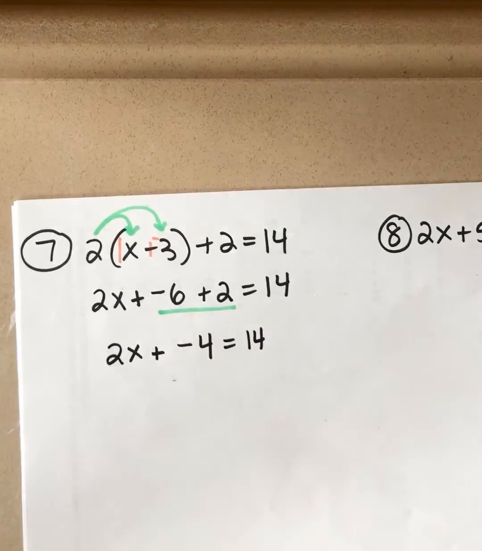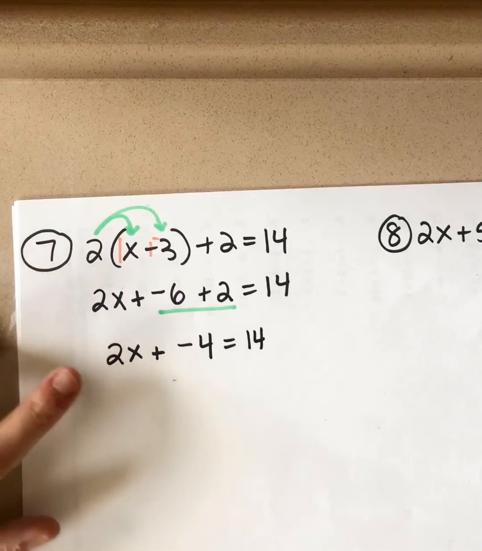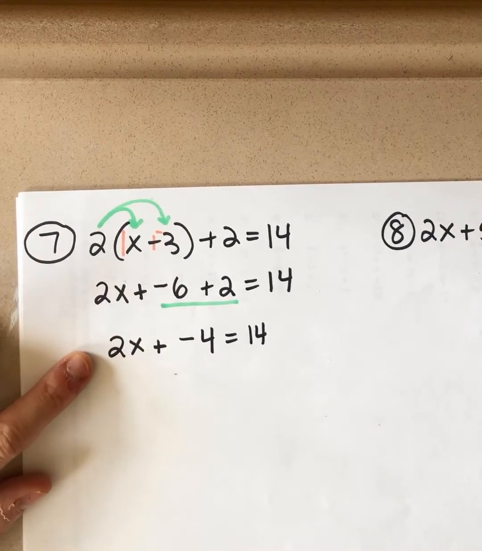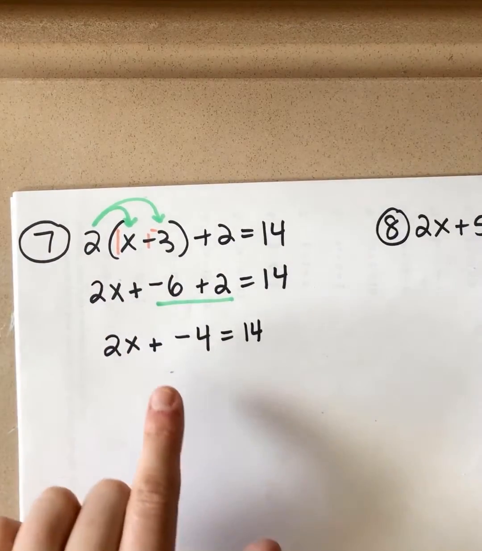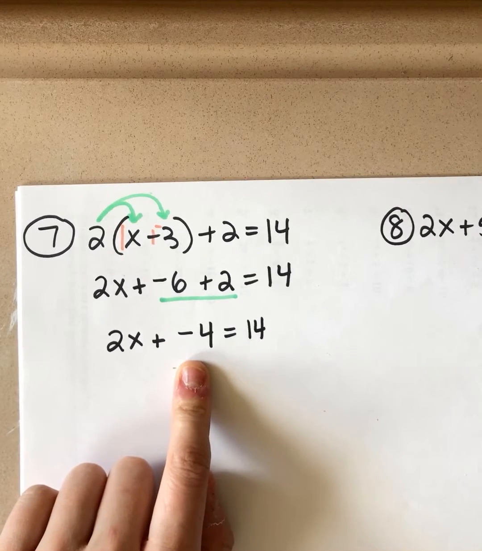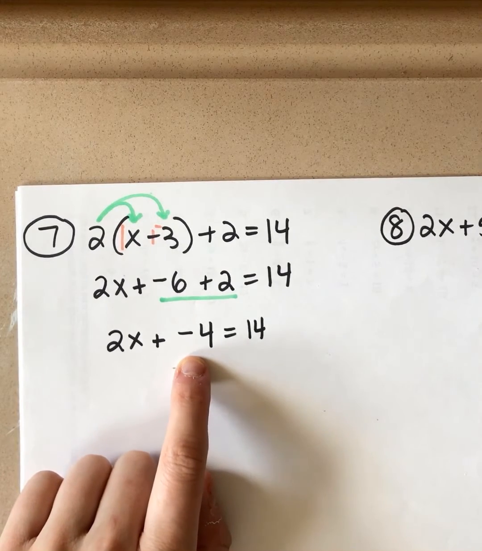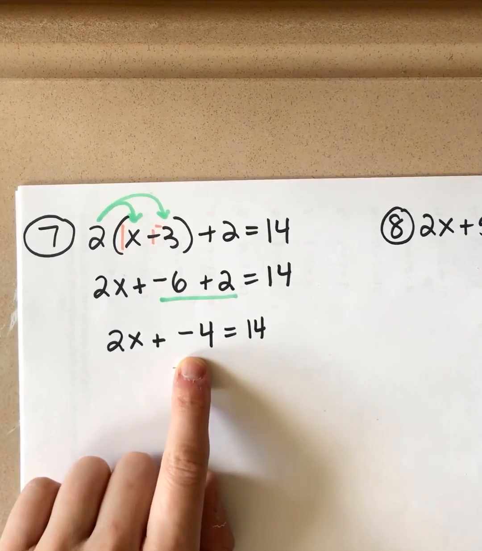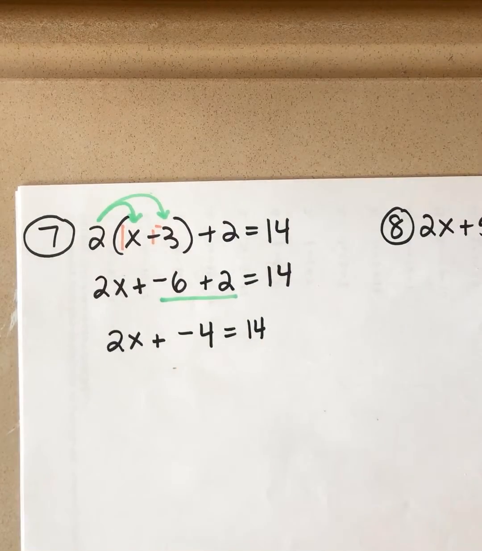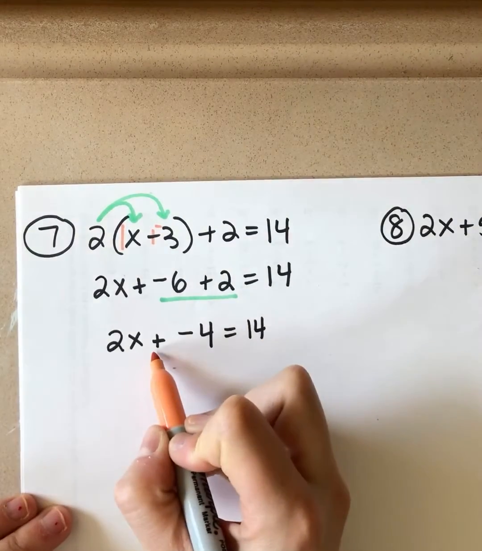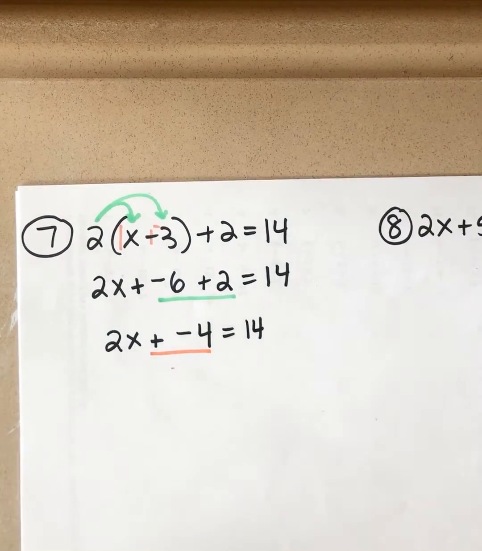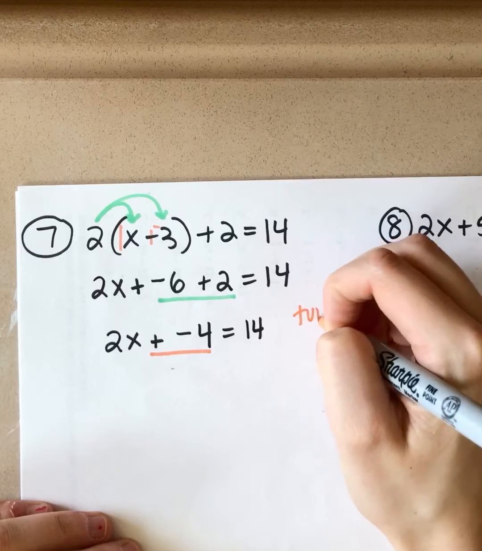At this point, I'm pretty close to having it look like I want before I start solving, but I see adding a negative. And I think it's actually going to be easier to turn that back into subtraction. So I added a negative before, but I'm going to go in reverse and turn it back into subtraction before I solve.